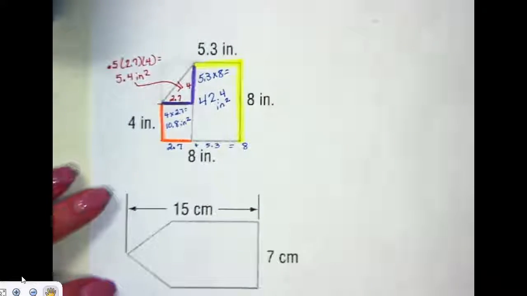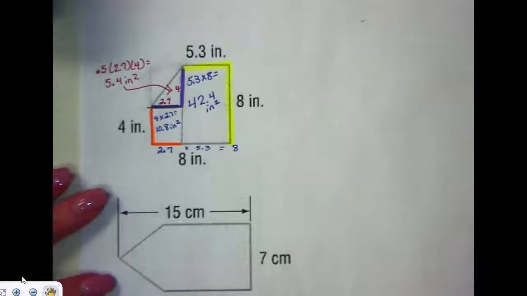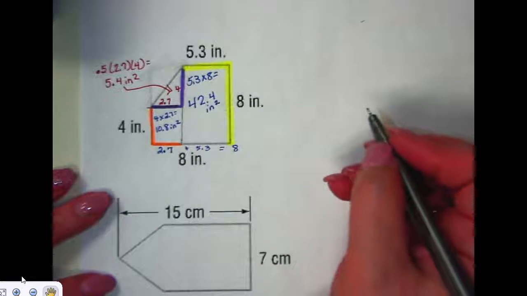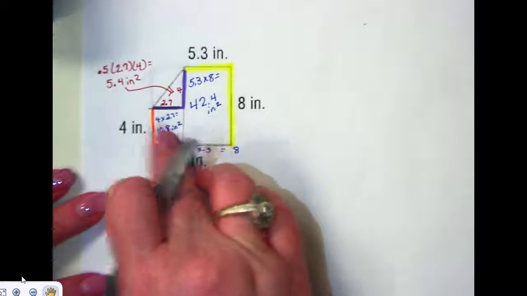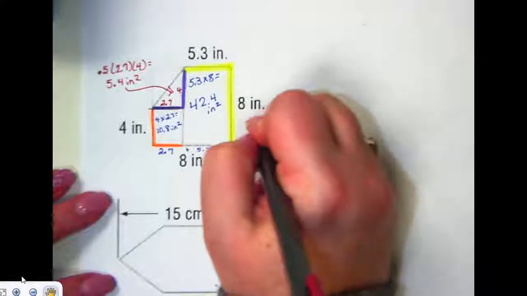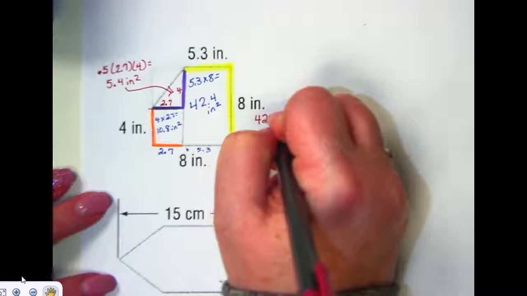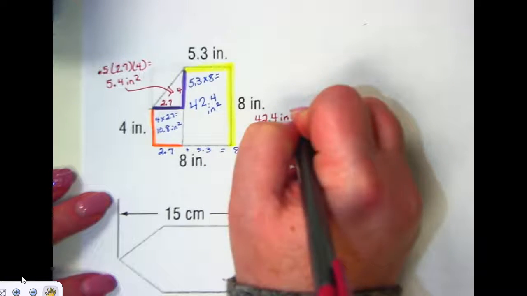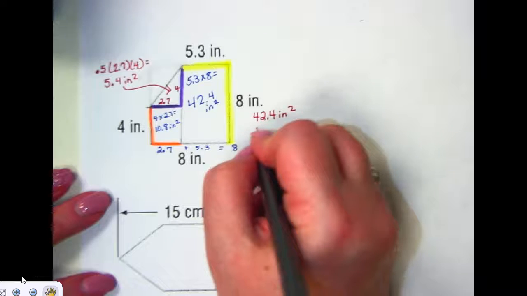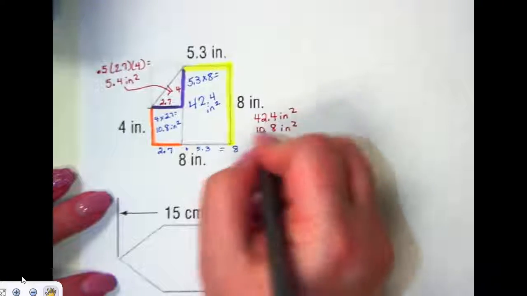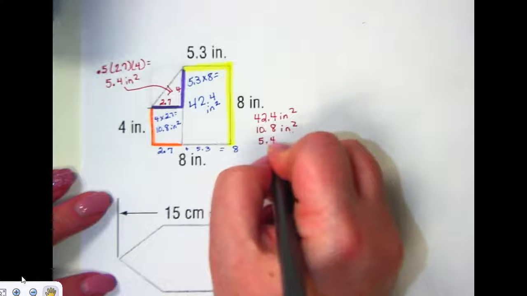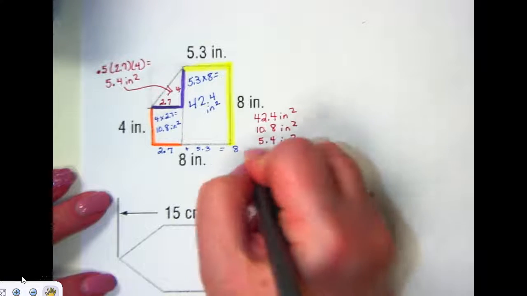Now what's the math that we're going to do? We're going to add them up. That plus that plus that. So we're going to say 42 4/10 inches squared plus 10 8/10 inches squared plus 5 4/10 inches squared.